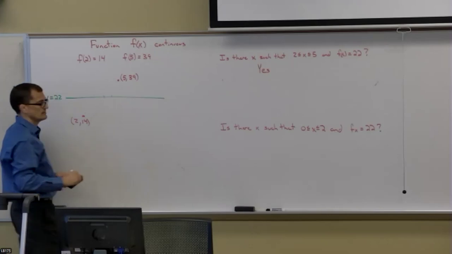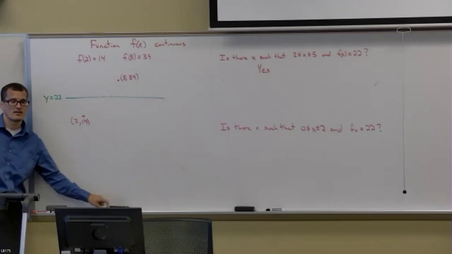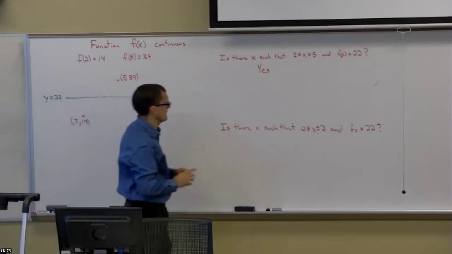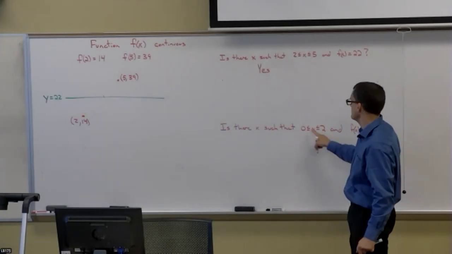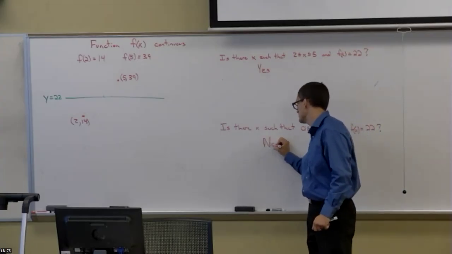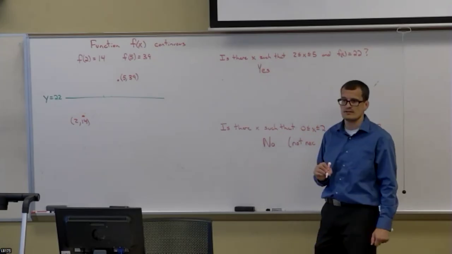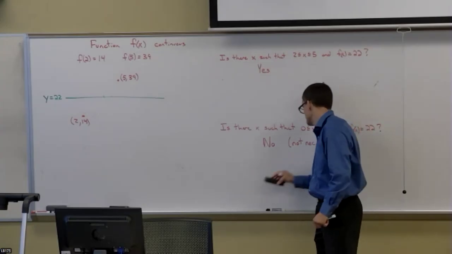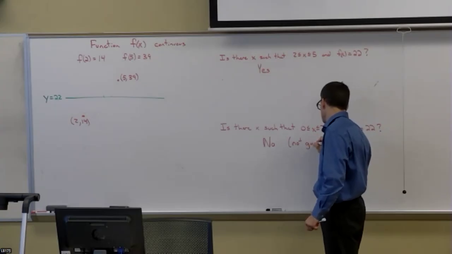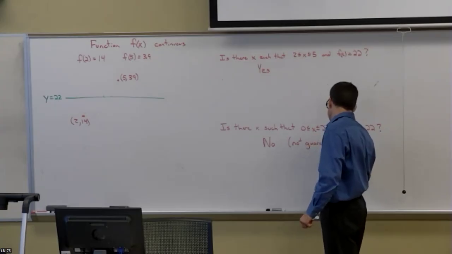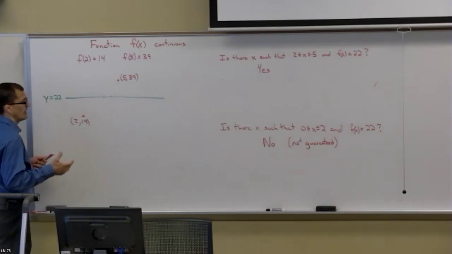How about the second question? No, not necessarily, right? The second question is: is there an x such that f of x is 22 between 0 and 2? And the answer is no, not necessarily. There could be one, but it's not forced upon us.